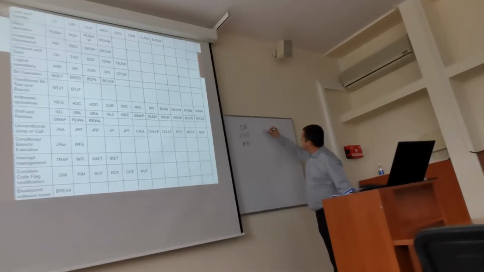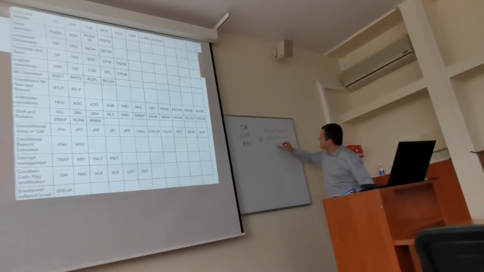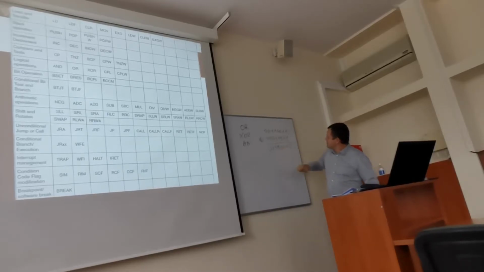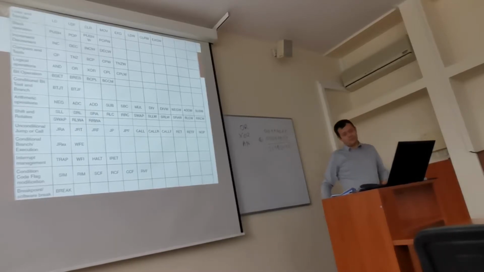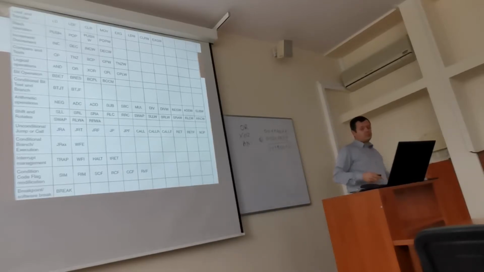So if we have the register 110011 and we XOR by a mask, then we negate those positions. So this is 0, this is still 1, this is still 1, this is 0, this is 0, this is still 1, this is still 1, this is 0. So we negate wherever there is 1. We negate this position. So it's useful to XOR. That's why it's here. Although again, we could have just AND, OR, and NOT. That would be enough.